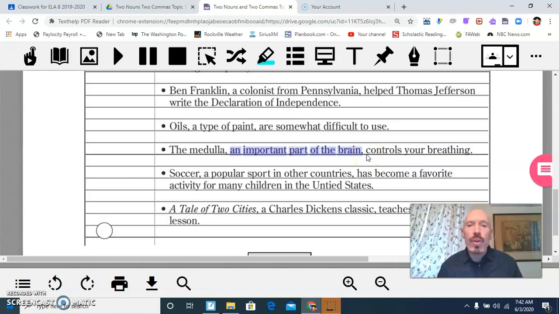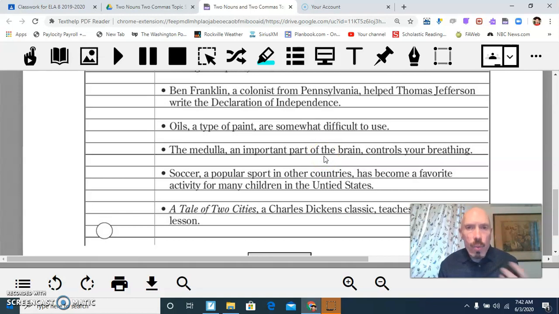Because if you don't, you might confuse this appositive, this second noun or noun phrase, as part of the predicate when it's not. It's actually part of the subject, okay? It's explaining the subject. Though technically, you can use an appositive after an object, indirect or direct.